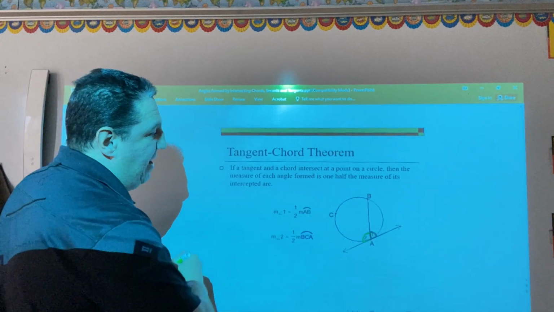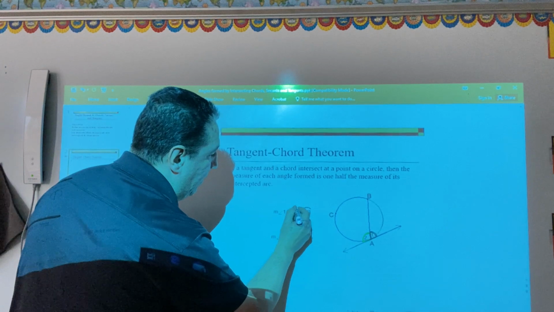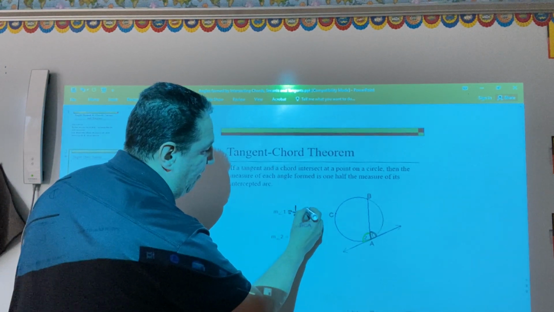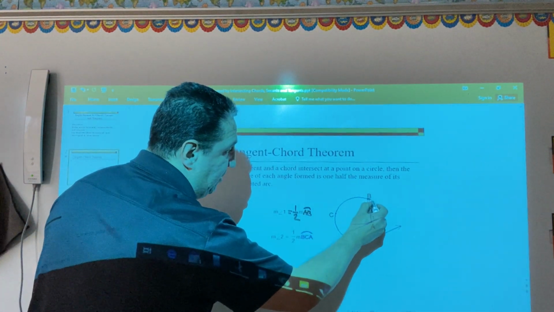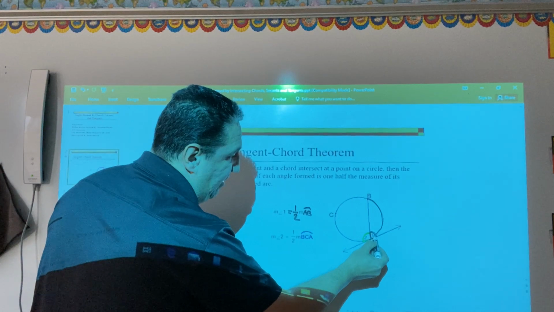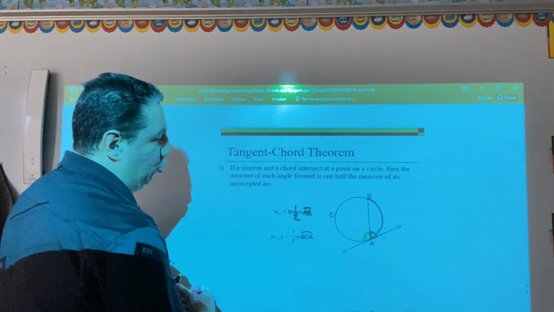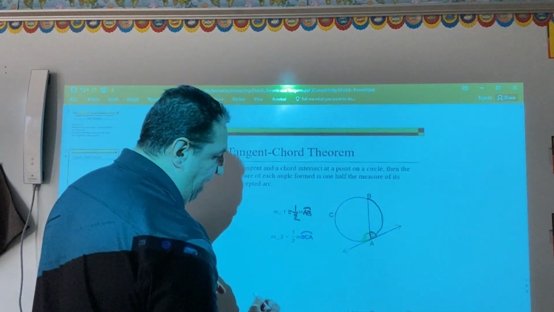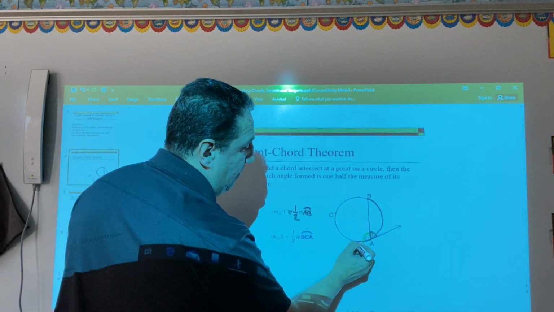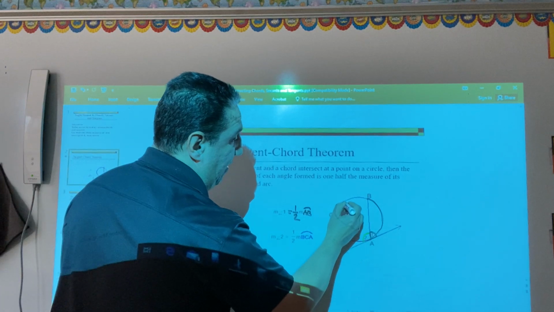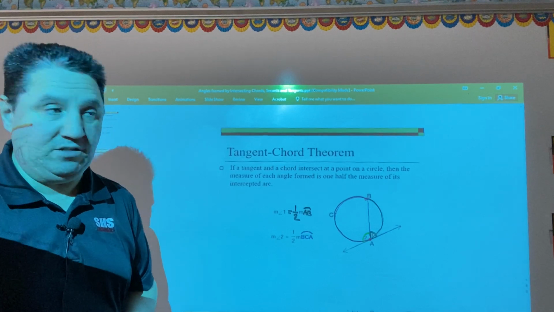In other words, the measure of angle 1 is 1/2 the measure of arc AB, its intercepted arc. Angle 2 would be 1/2 of its intercepted arc, which is ACB or BCA. That's the first case. Keep that in mind.